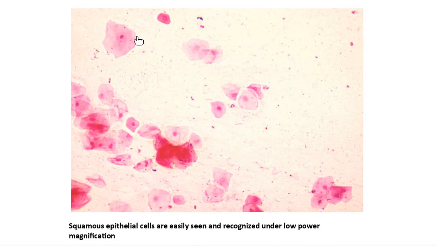These are very big cells, and on 10x it is very difficult to see the bacteria. It means there is saliva contamination; when collecting the sputum, saliva has entered the sample. So you can reject the sample.